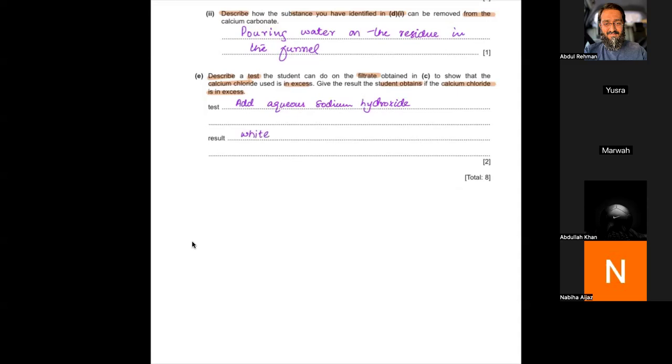The result would be white precipitate, and it remains insoluble on adding excess aqueous sodium hydroxide. I hope it's understandable to all of you.